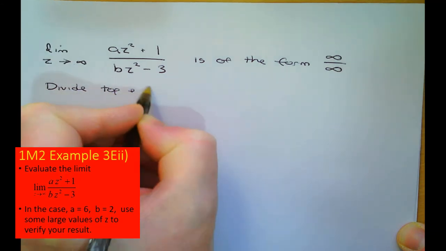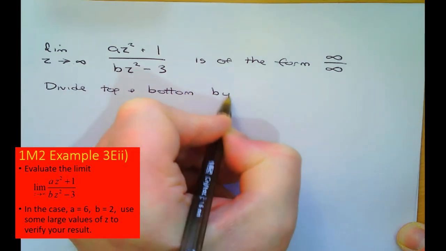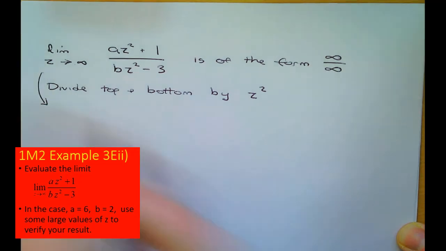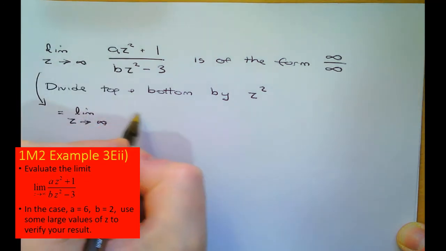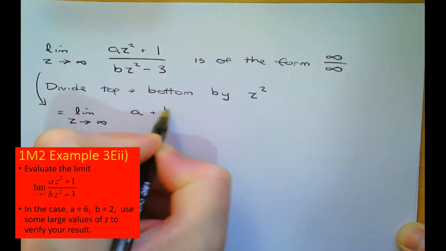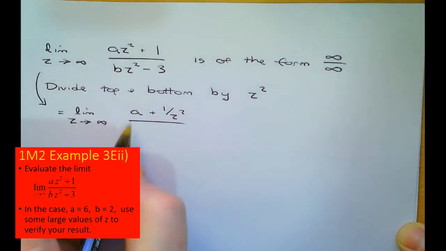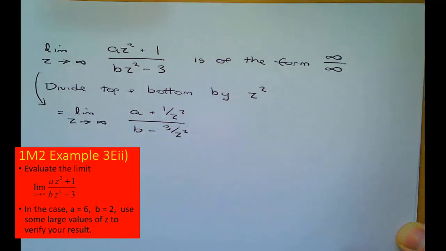So we'll divide top and bottom by z squared. So we'll get that this is equal to the limit as z tends to infinity. We'll have a plus 1 over z squared over b minus 3 over z squared.